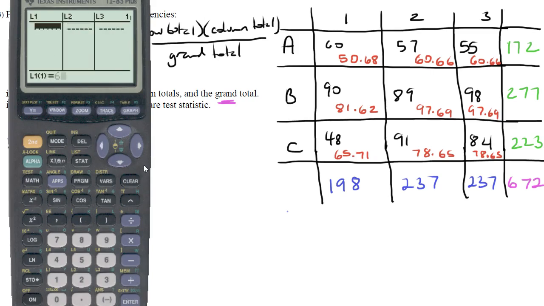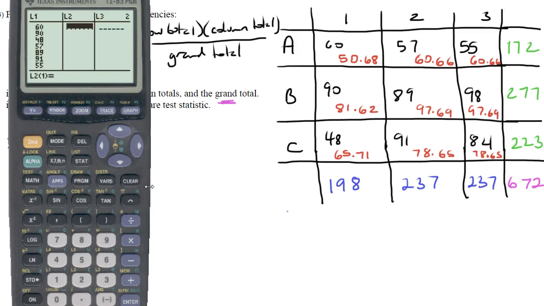So the first, let's enter all the observed values: 60, 90, 48, 57, 89, 91, 55, 98, 84.